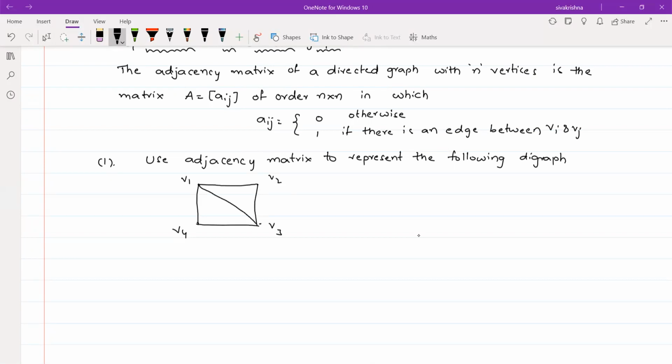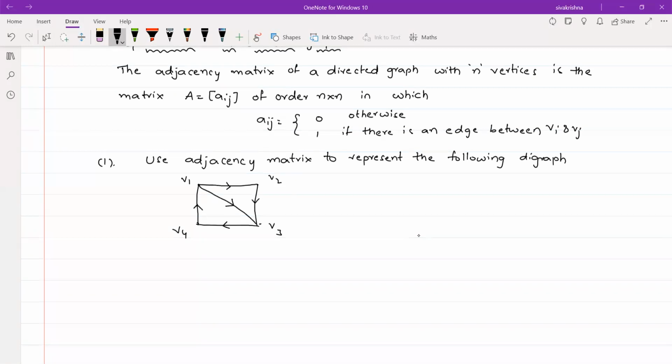And this particular graph is a digraph. It means we are having directions for the edges, and this is the direction, and this is the direction, and this is the direction. This is the given digraph. So we have to write the adjacency matrix corresponding to the given digraph.